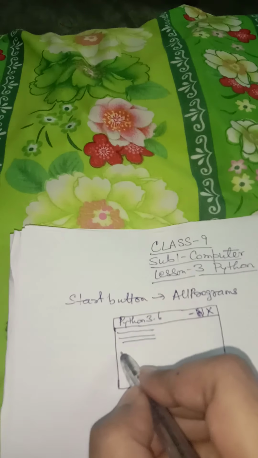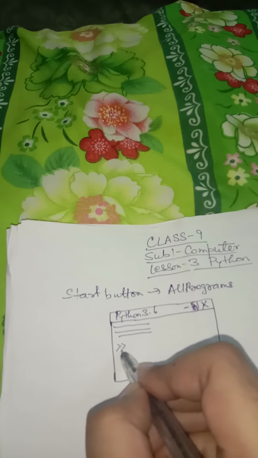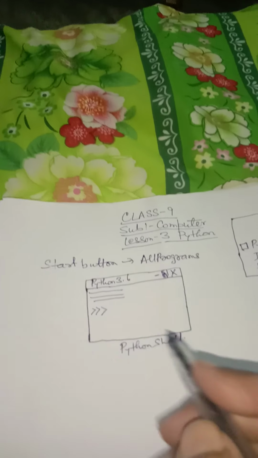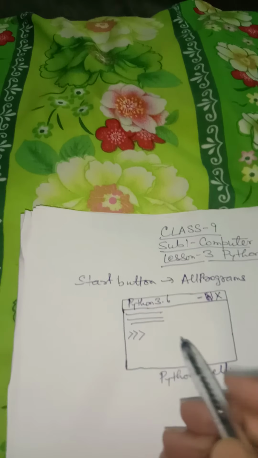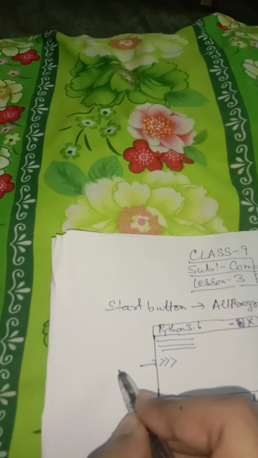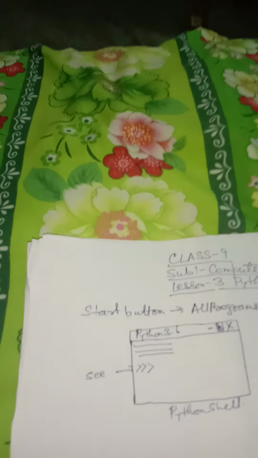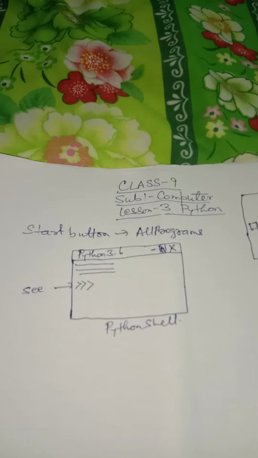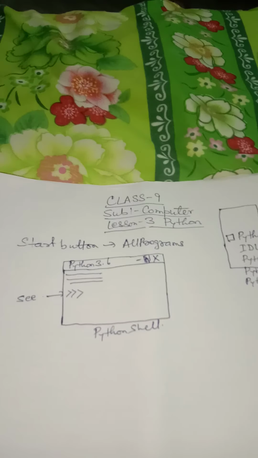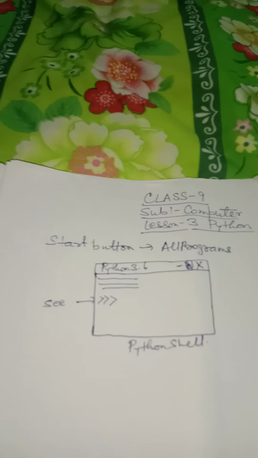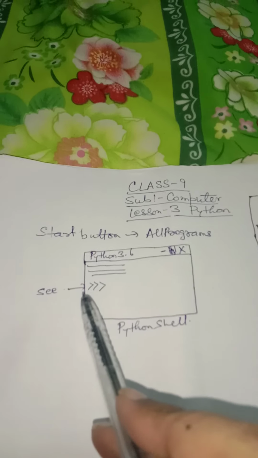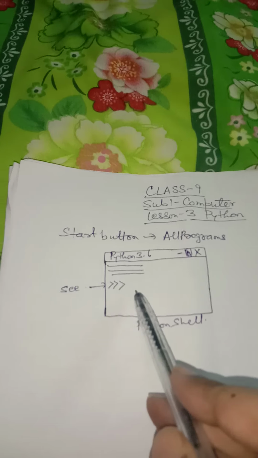Then we get three greater than signs, which are also known as the prompt. So when we click on IDLE, the Python shell appears before us. This is the Python shell where we can do our coding.